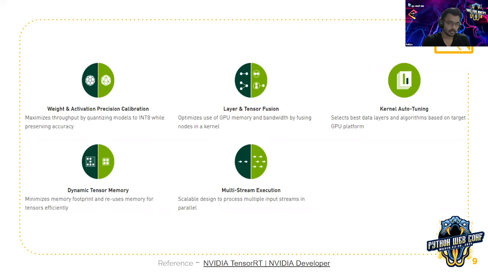Moving on, TensorRT also allocates dynamic tensor memory, so it reduces the memory footprint. I have used TensorRT quite some time now, for almost every model that I deploy. Suppose you are using YOLOv3 to develop your object detection pipeline.